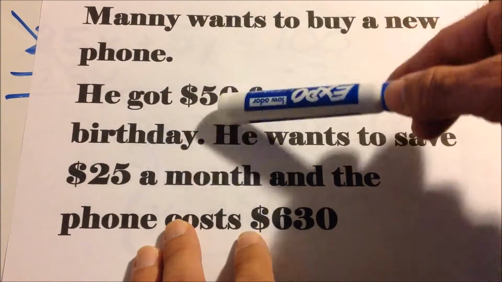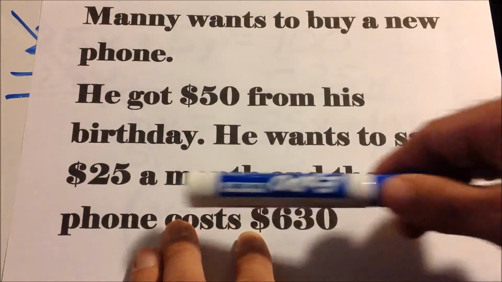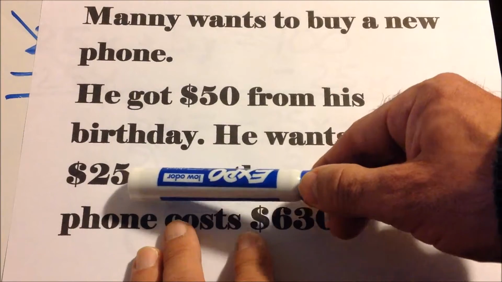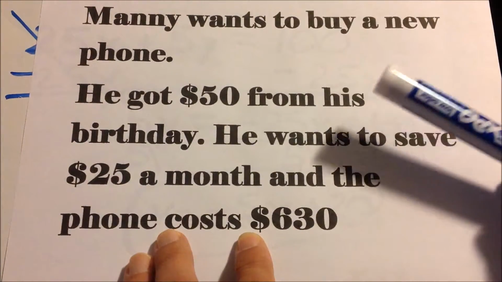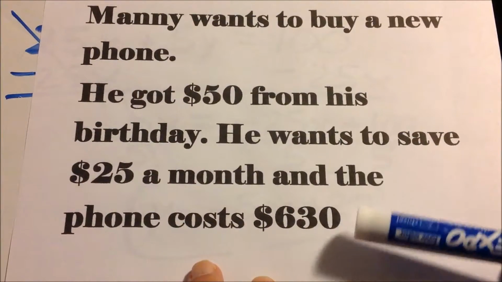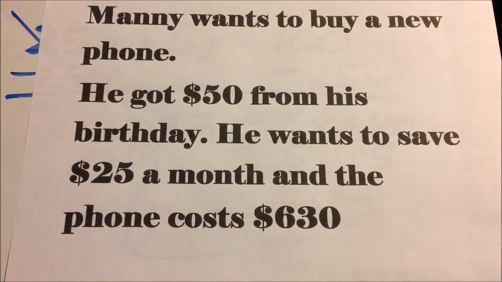So this is the initial amount. That's constant. He's getting $25 a month. 25 is the slope. That's the rate, $25 every month. And 630 is the y. That's the final cost. So we can make an equation with this. Again, the y is the cost, 630.